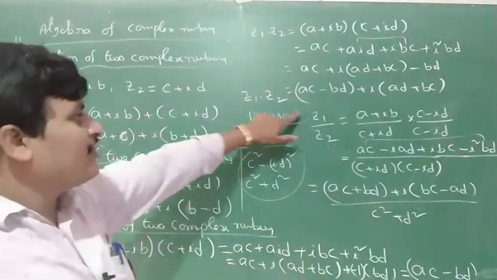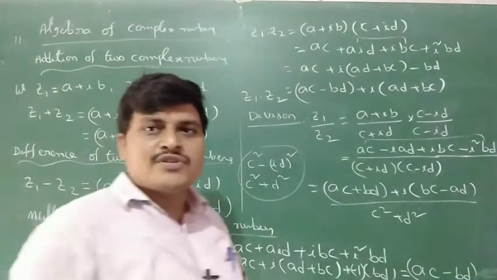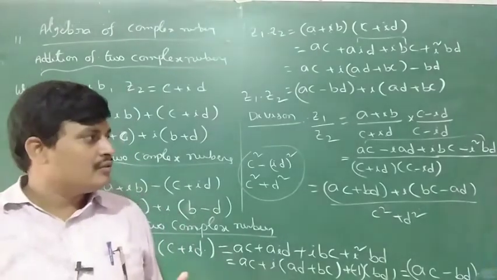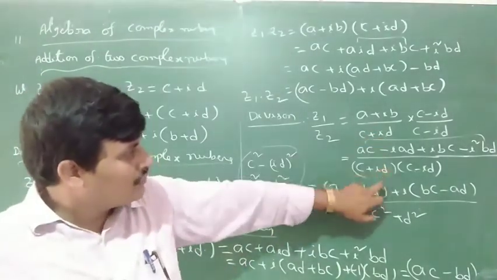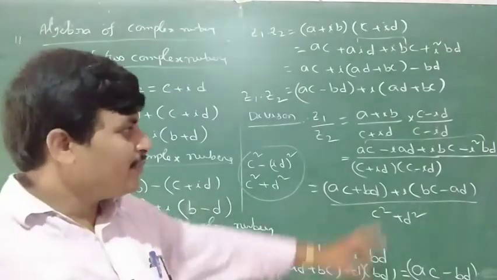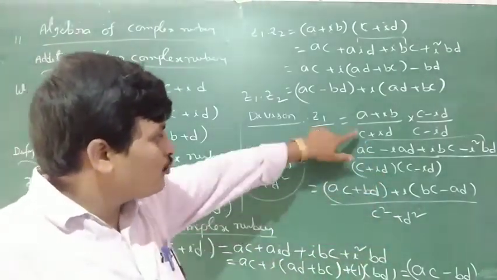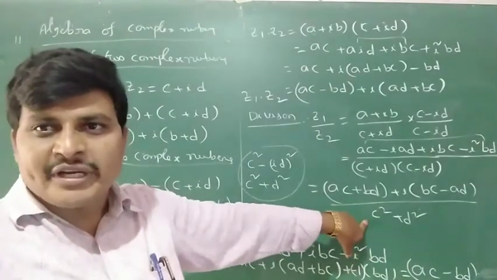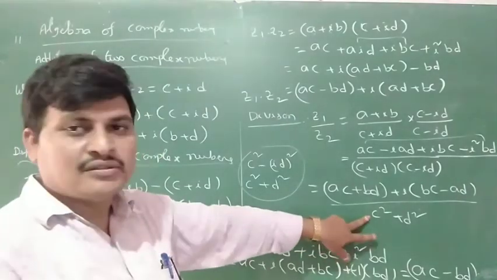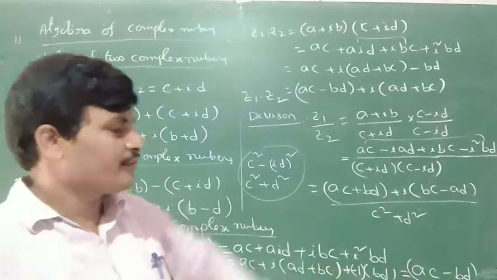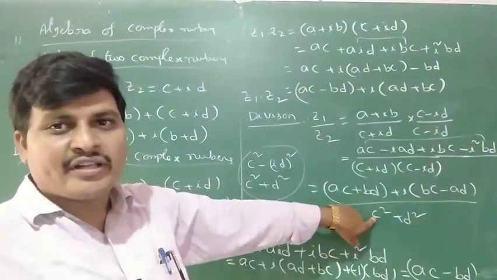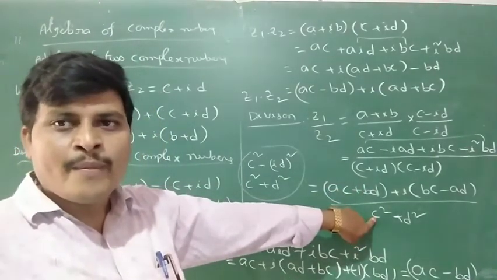Z1 into Z2, multiplication: multiply, and take the real part on one side and the imaginary part on another side, i common. Z1 by Z2: in the denominator, don't keep minus values, root values, or i terms. In the numerator it is fine, but the denominator should not have negative values, root values, or i values.